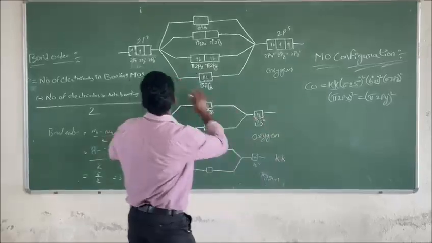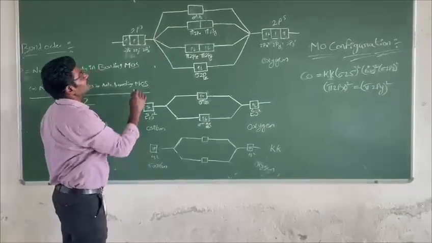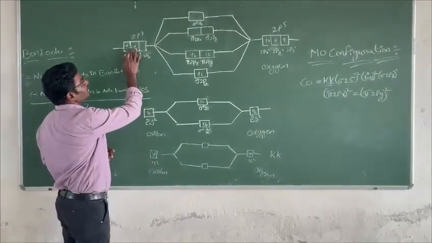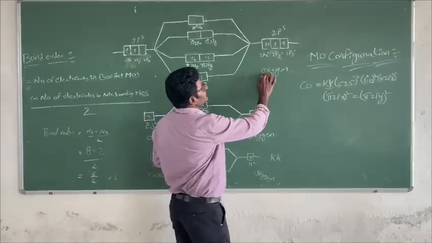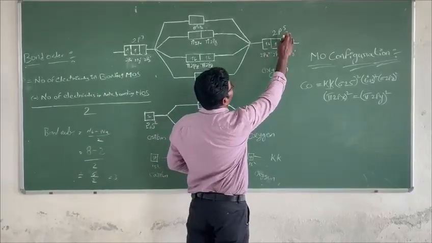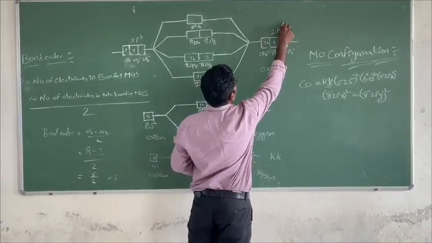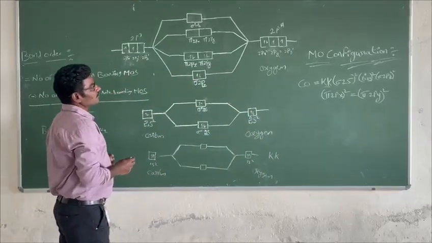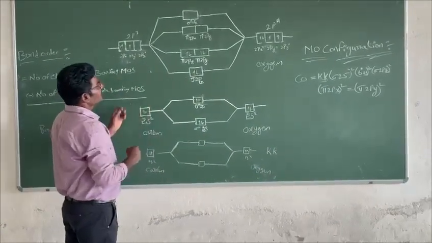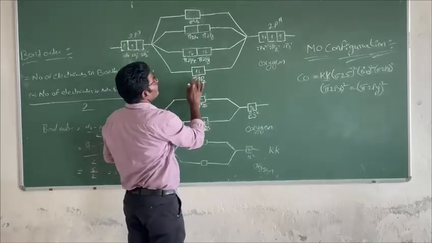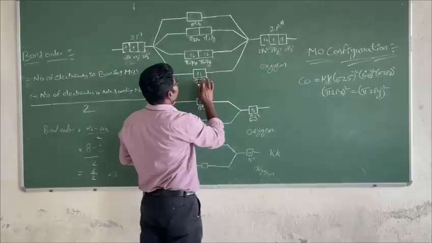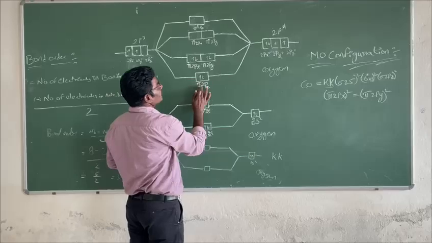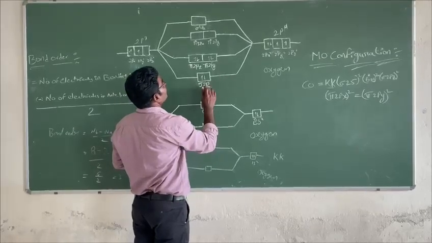Next one is the p orbital. Carbon has 2 electrons and oxygen has 4 electrons. Totally here 4 electrons overlapping to give the p orbitals. First one is the carbon 1 electron and oxygen 1 electron, finally reduced to the sigma 2pz orbital.